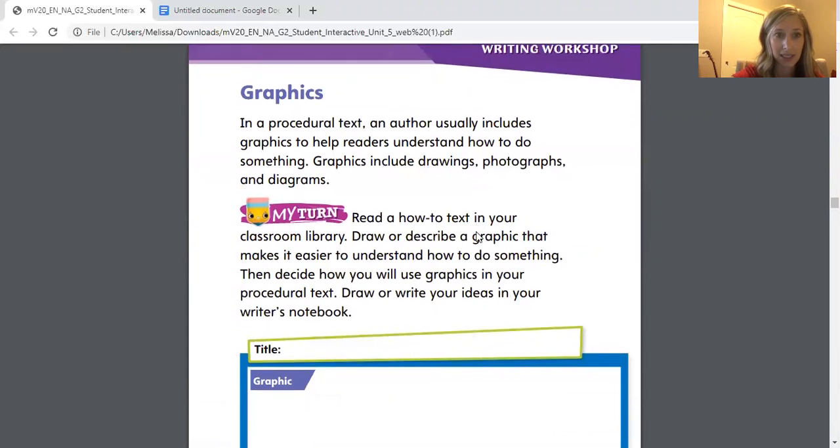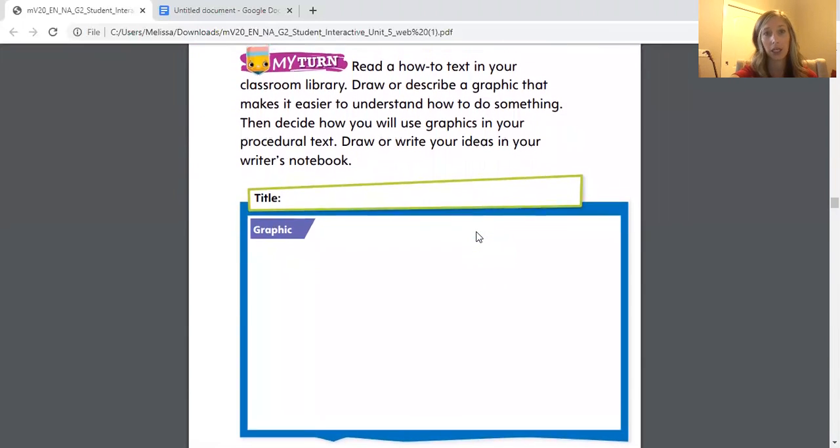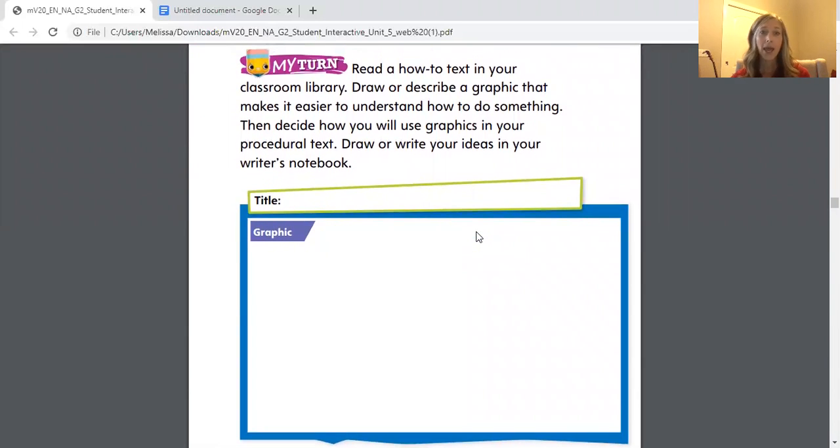The last thing you're doing today is reading a little bit about graphics. We did talk about this last week as well. In a procedural text, an author usually includes graphics to help readers understand how to do something. So your graphics can be drawings, photographs, and diagrams. Remember, a diagram is a picture with labels. So again, if we were in the classroom, I'd have an example for you of a how-to text, and I would want you to include the title and create your own graphic to match it.